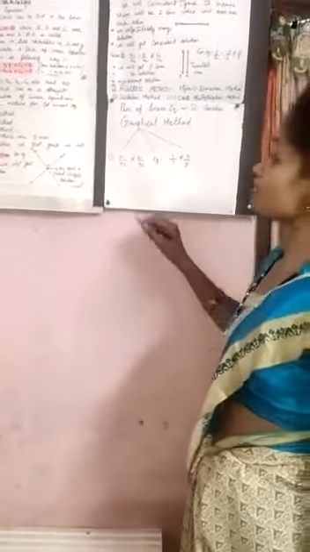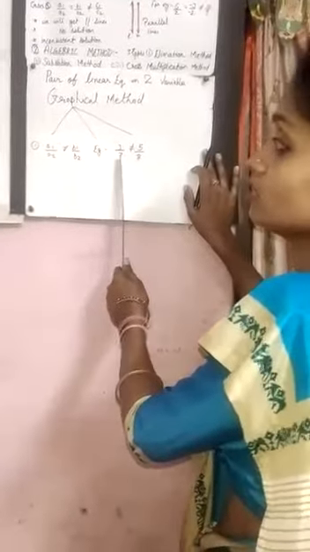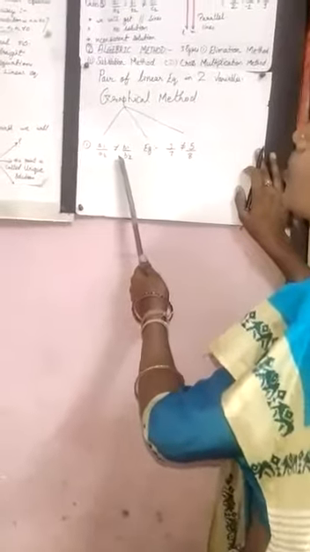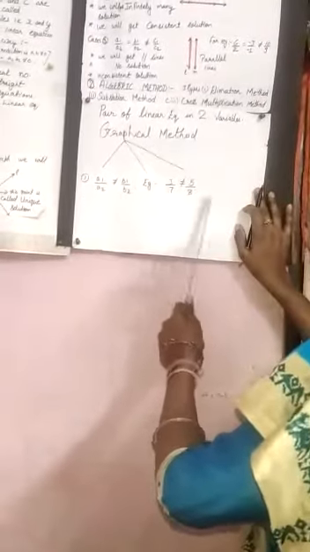Suppose I give an example: the value of a1 is 3, the value of a2 is 7, the value of b1 is 5, and the value of b2 is 8. Here both sides, LHS and RHS, are not equal. This side is LHS, this is RHS.